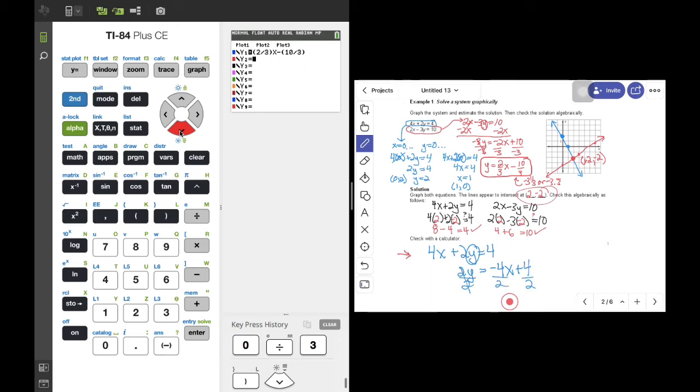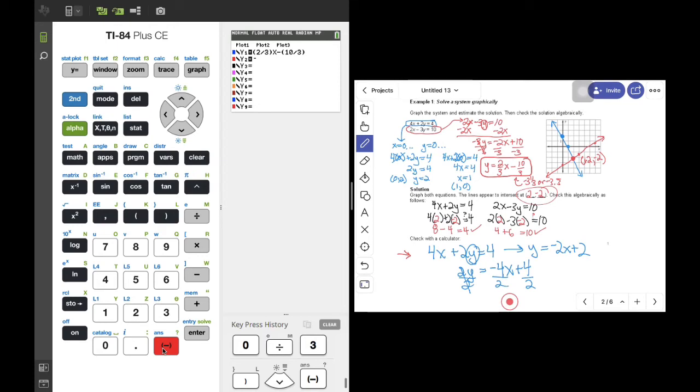So the y equals mx plus b version of 4x plus 2y equals 4 is just y equals negative 2x plus 2. So now I can go ahead and enter that second equation. So it would be y equals negative. Careful, make sure you hit the negative button next to your enter button there, not the minus sign.